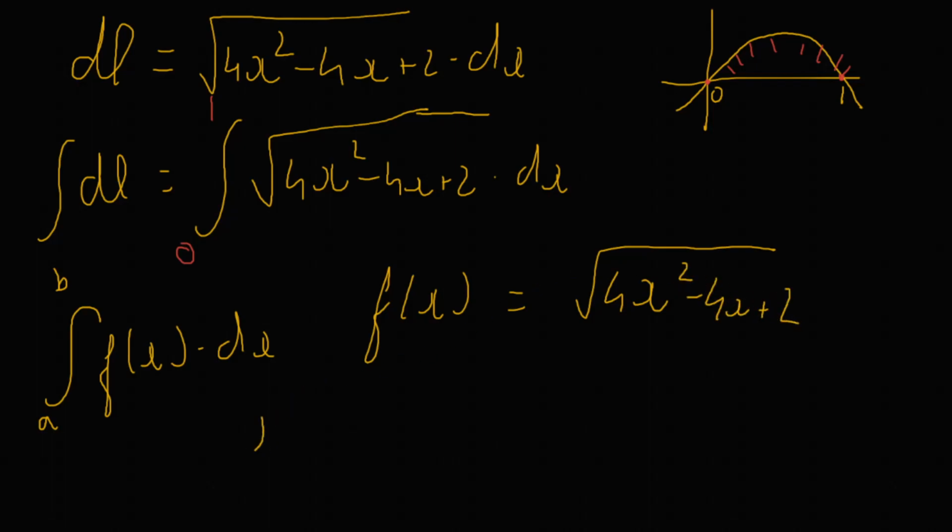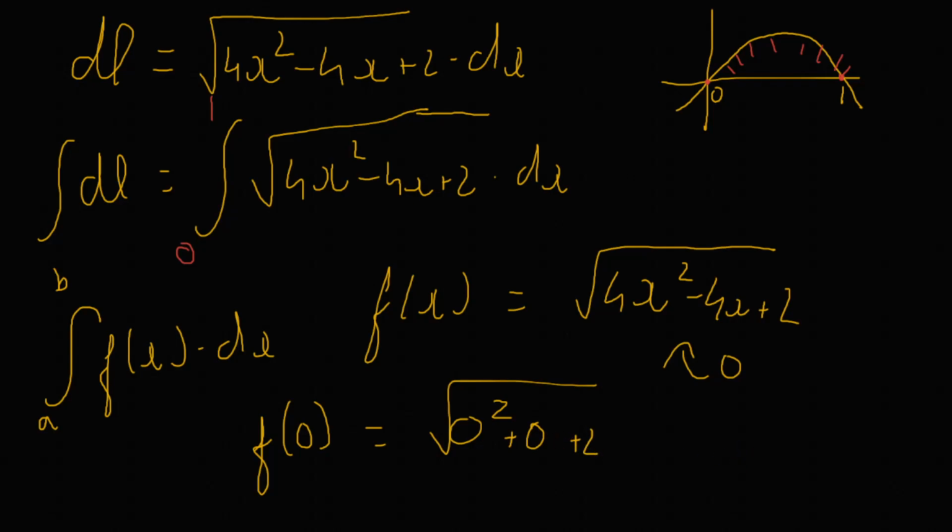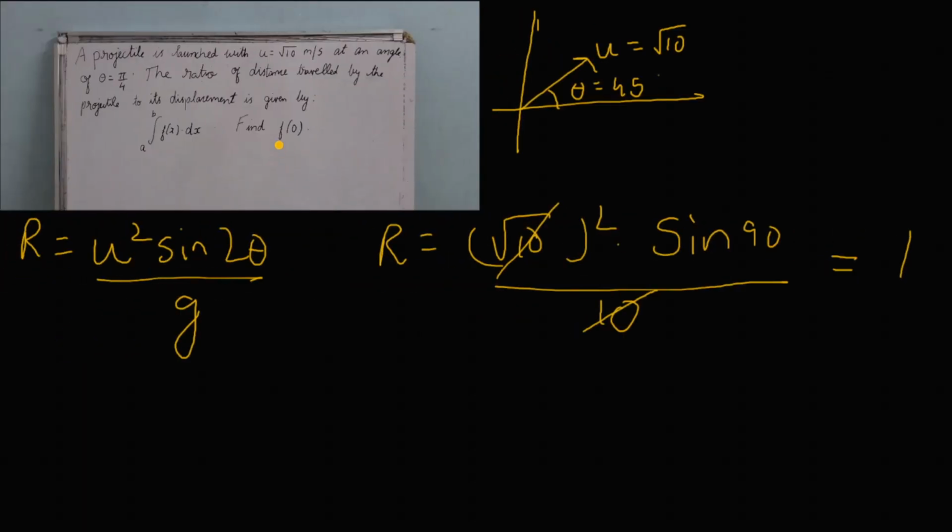So we are asked to find f of 0. Now let us put 0 into this function. We get under root of 0 square, so 0 plus 0 plus 2, which is basically root 2, and that's the answer which we want. So the answer is root 2, and we are done.